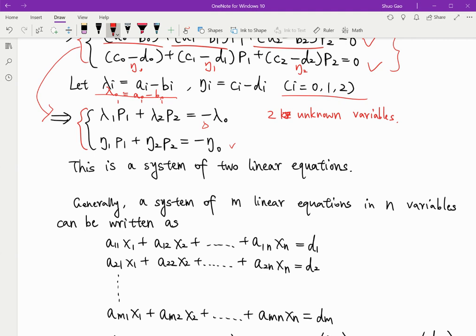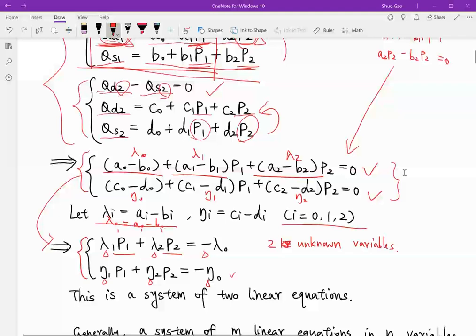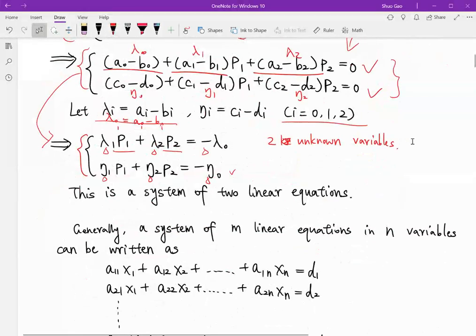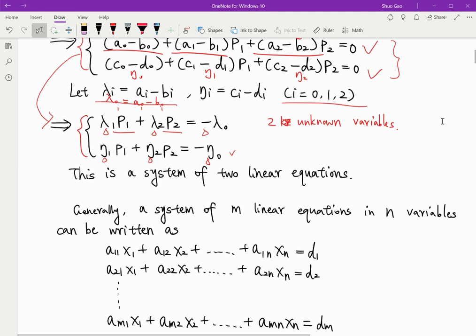So our goal is to solve what exactly P1 and P2 are, right? Because all the other parameters, lambda 1, lambda 2, eta 1, eta 2, and this lambda 0, eta 0 are all constants. These are some numbers that we already know, but we don't know what P1 and P2 are. So these are the variables that we need to solve.